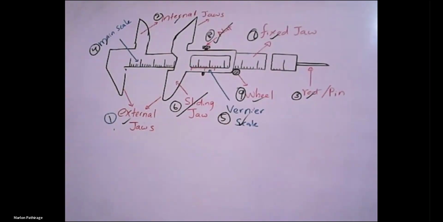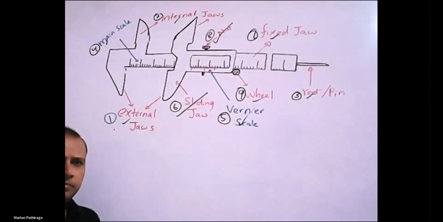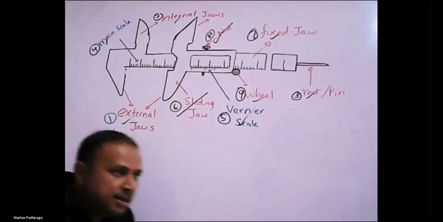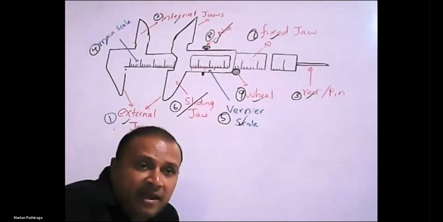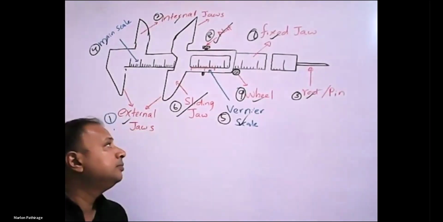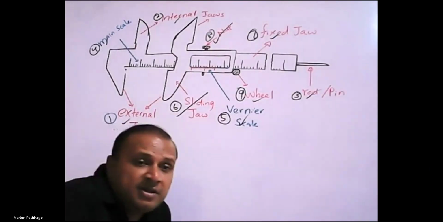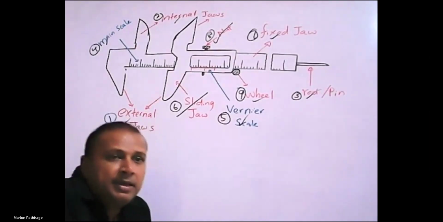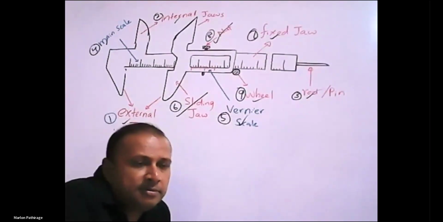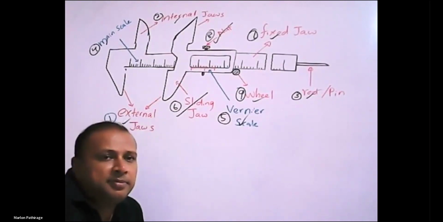The wheel facilitates the sliding of the sliding jaw along the main scale.